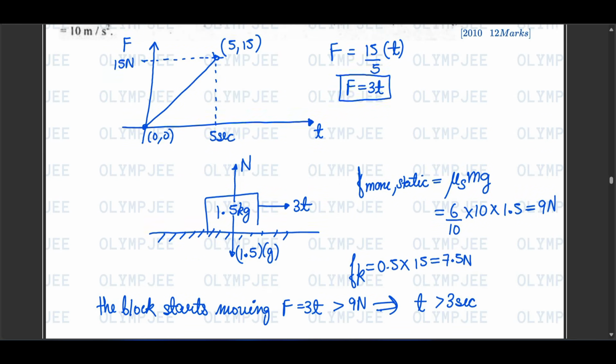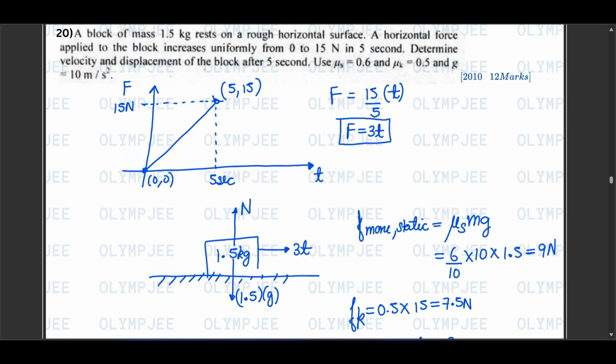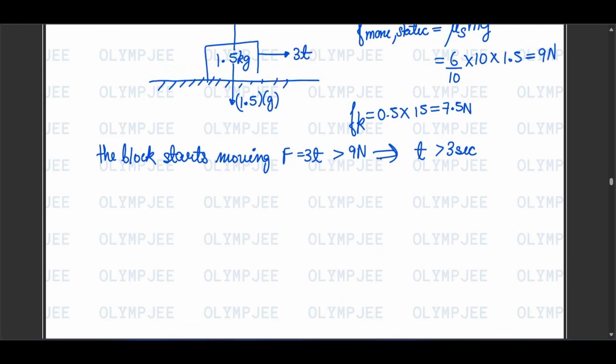So now they are asking for the displacement of the block after 5 seconds and the velocity. We can write that the acceleration after 3 seconds will be given by 3t minus the kinetic friction, which is 3t minus 7.5.